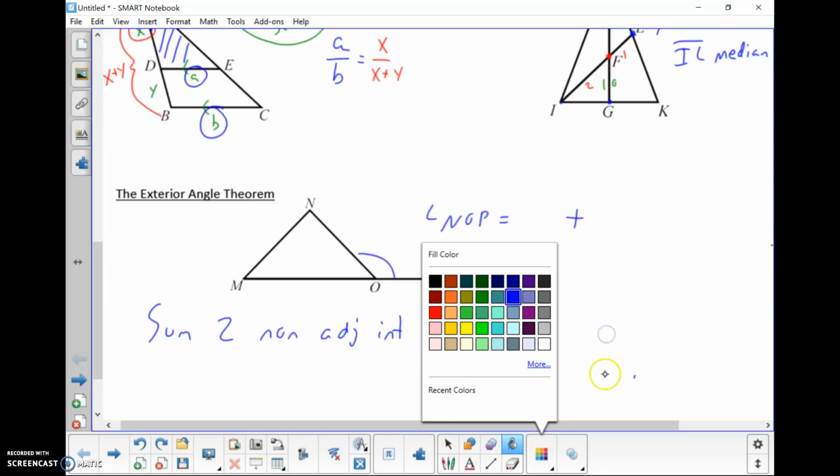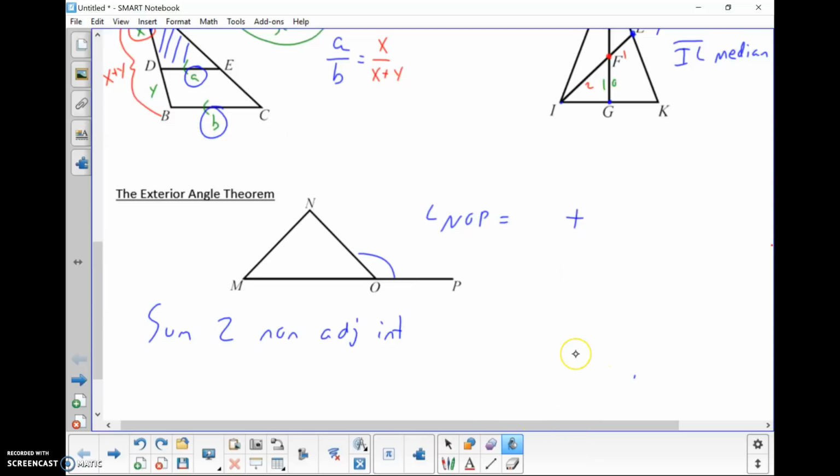Now, what do we mean by non-adjacent interior? Well, this one over here would be adjacent to it. So we're talking about these other two angles over here. This angle and this angle are interior and they're non-adjacent. So it would be angle N plus angle M.